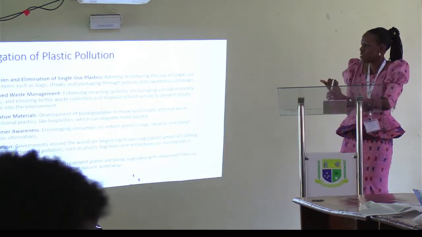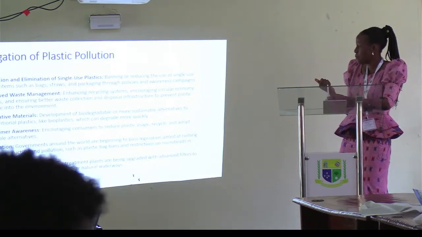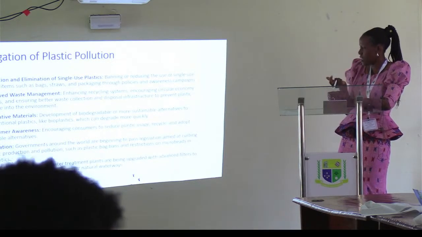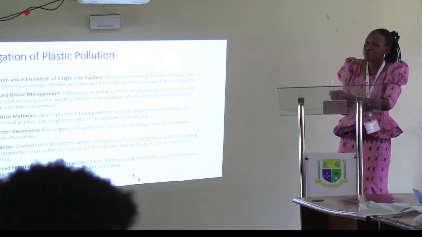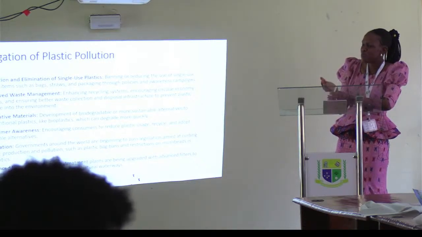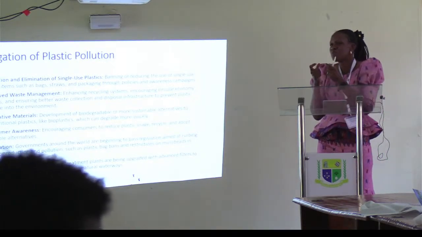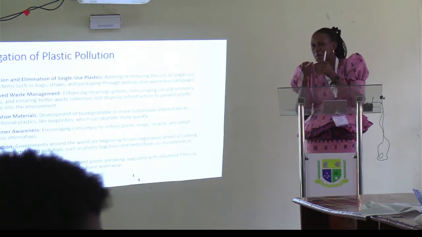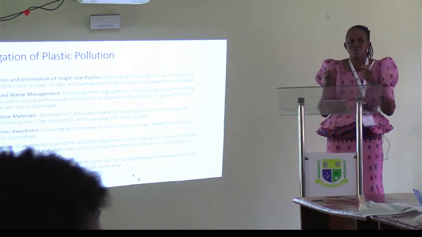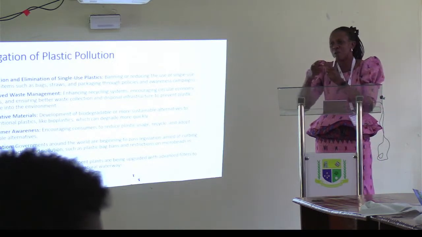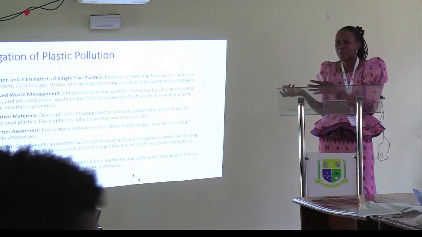Of course, legislation is going to be important. If I can take the example of Uganda, plastic use has been banned. But while they are banning the use of plastics, they are also encouraging a certain micron size of plastic to use. You can't ban one and then say that when you increase the microns, we can use the plastic.